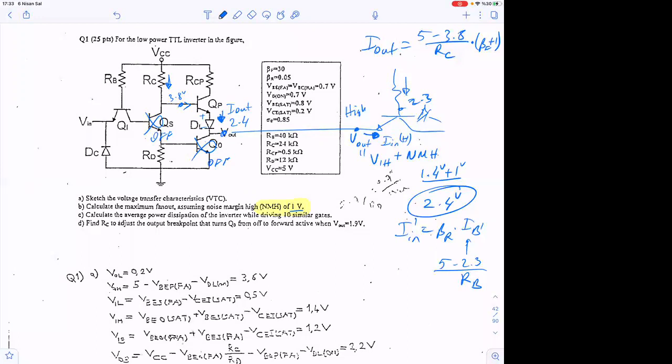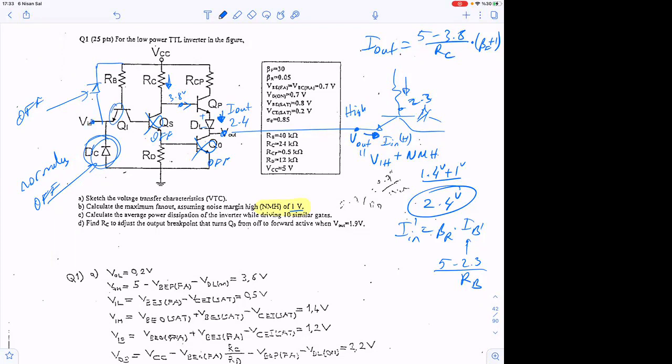Okay, I did this quickly, but there might be some confusing things like this diode, for example, but there's no function of that diode. That diode is typically put for input protection. Sometimes we put this kind of diode to input too. They are normally always off. But if the input goes below minus 0.7, then this diode turns on and protects against burning.